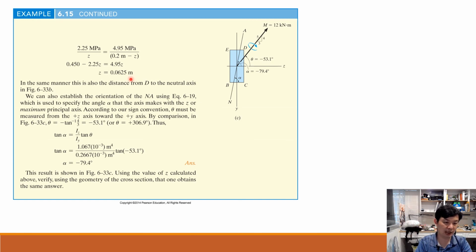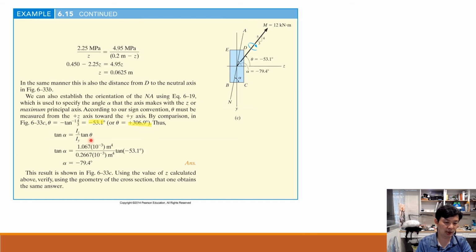After we know these, we can still use the equation for alpha: tangent alpha equals iz over iy times tangent theta. Tangent theta, we have known that this theta value would be minus 53.1 or 43. And somebody said if you use the positive sign, that would be positive 306.9 degrees.